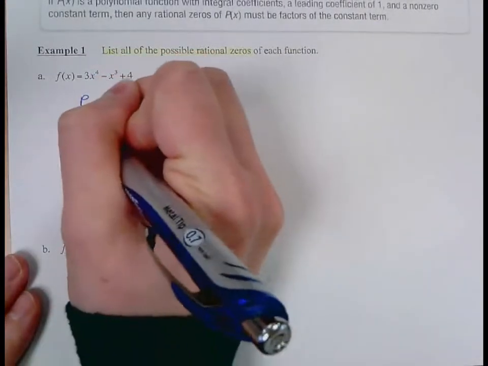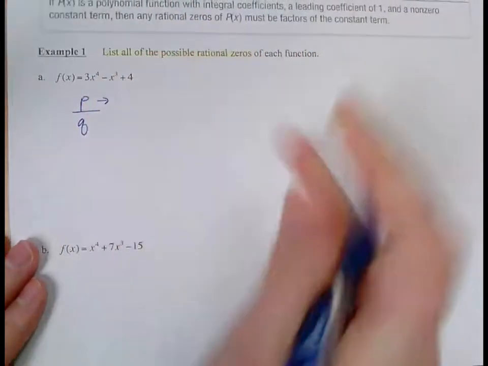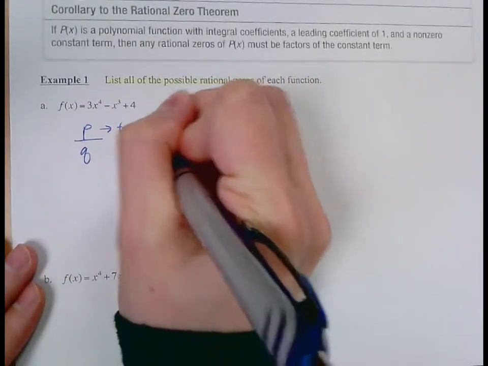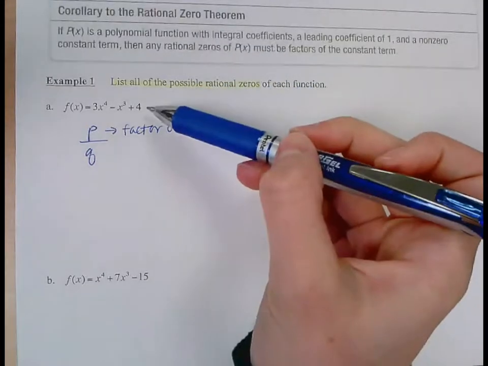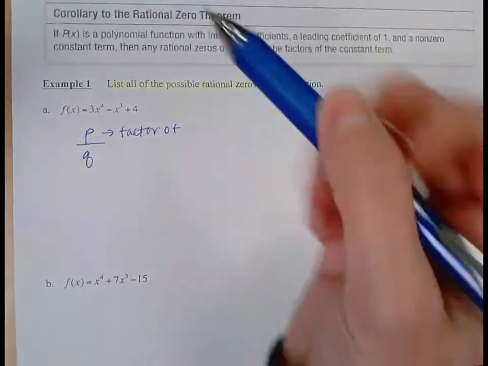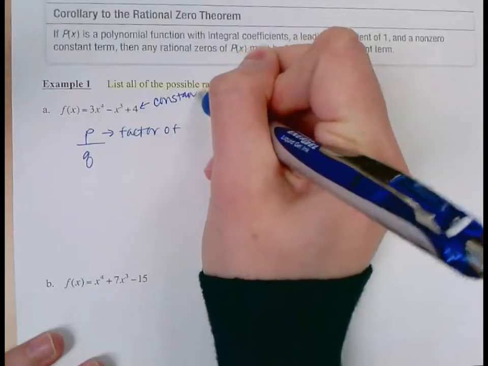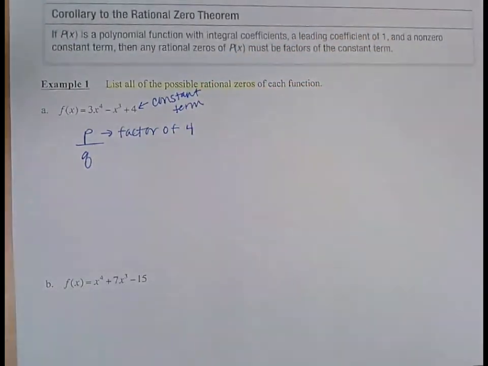Our rational zeros are going to be in the form p over q. And again, from the rational zero theorem above, p is a factor of the constant term. The constant term in the polynomial is the term without a variable. So in this polynomial, it's 4.